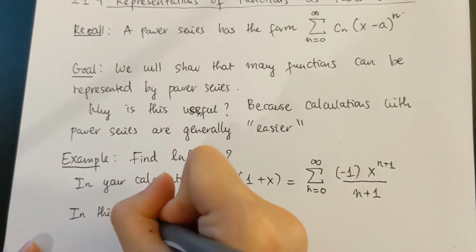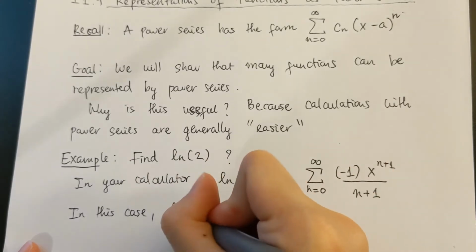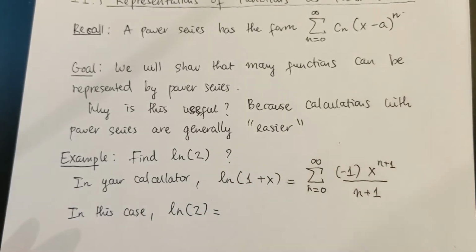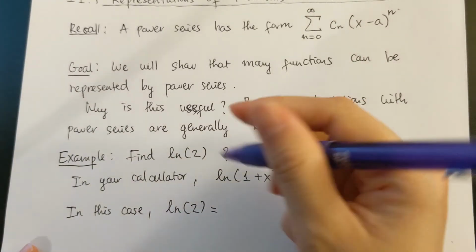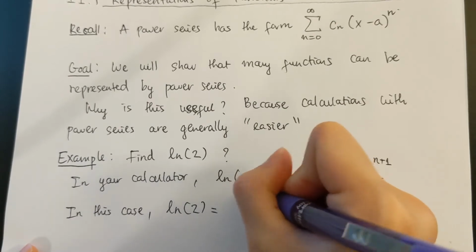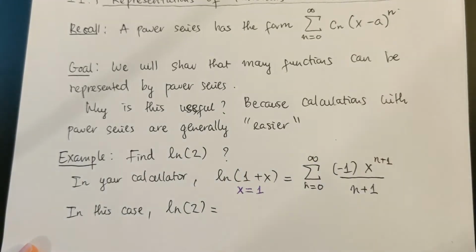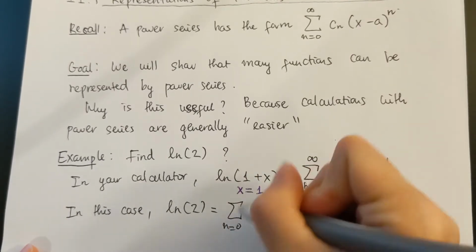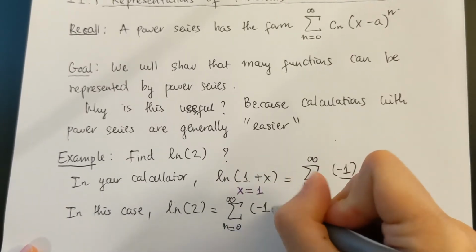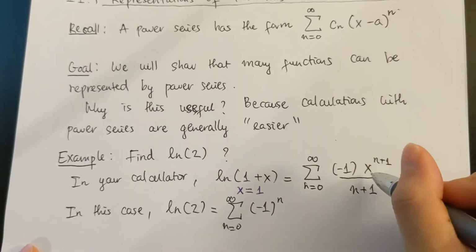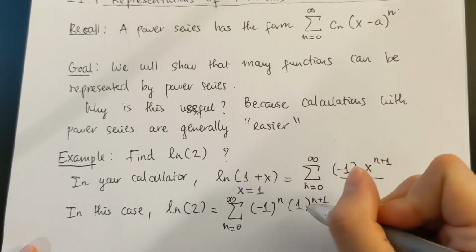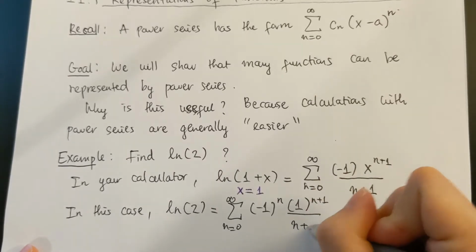So in this case, for natural log of 2, x is equal to 1. You put x equal to 1 here. So I get minus 1 to the n, and then x is 1, so I have 1 to the n plus 1 over n plus 1.